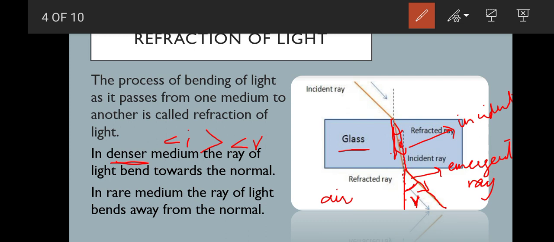And when this light ray is passing from denser to rare medium, the angle of refraction will be greater than the angle of incidence. Why? Because whenever the light that was incident from the denser medium is refracted in the rare medium, it is bent away from the normal, so that the angle of refraction is greater than the angle of incidence here.